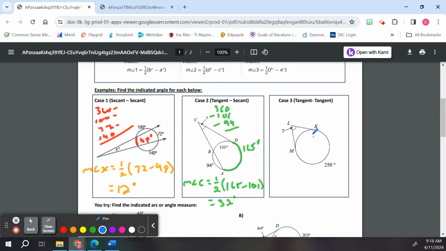All right, next one. We have this large arc. We need this small arc. So again, it's going to be 360 minus 250, which gives us a total of 110. So then the measure of angle L will be 1/2 times 250 minus 110. What does that leave us with?